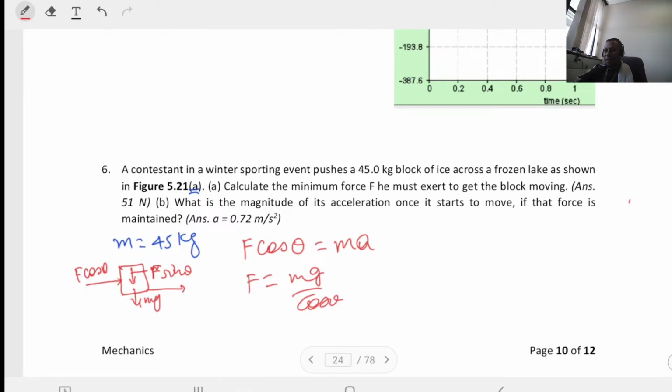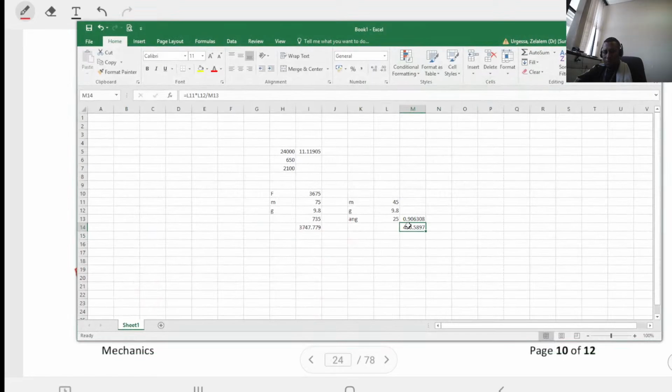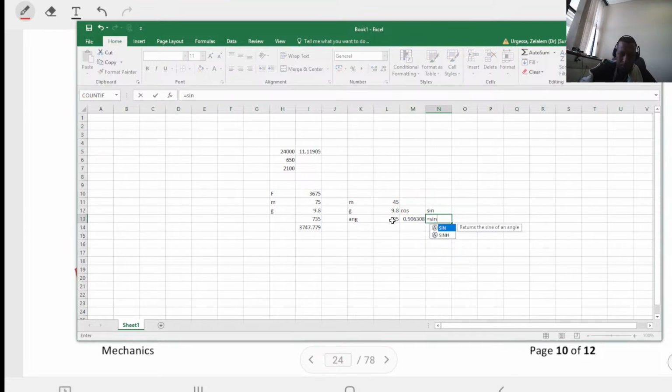Oh. What is F sin theta, by the way? What is sine of this angle? This is cos, and then I'm going to have sine. Guys, help me if you are online. What is sine of this angle? Sine 25 times pi divided by 180.